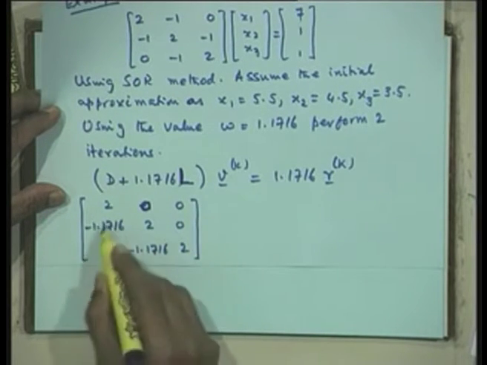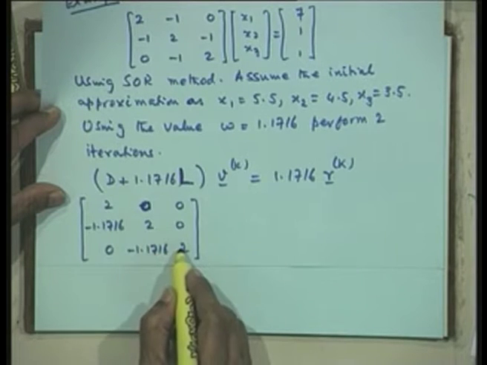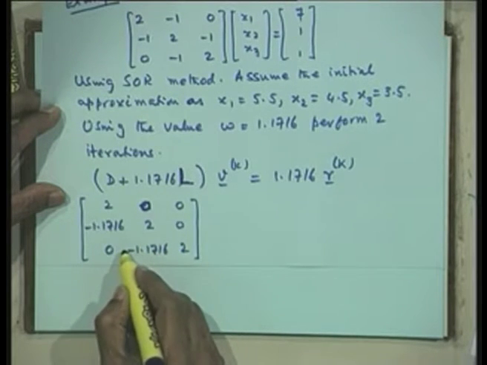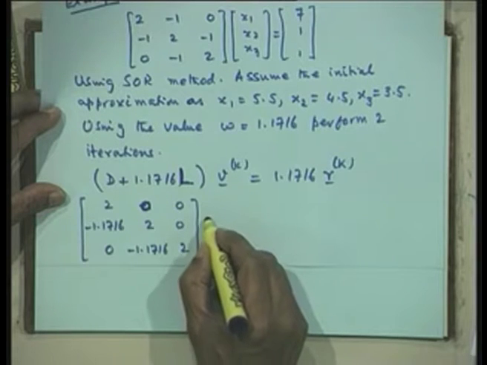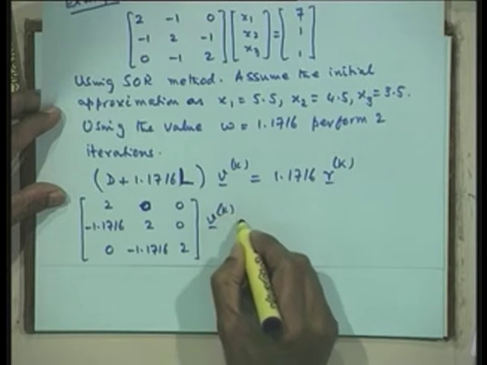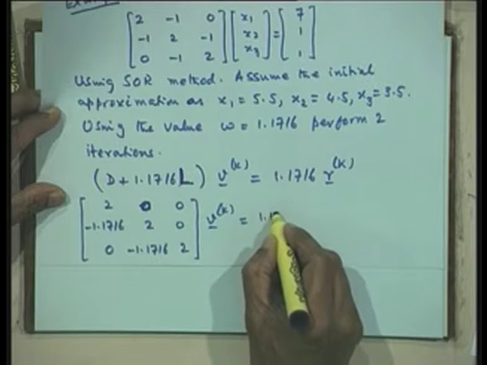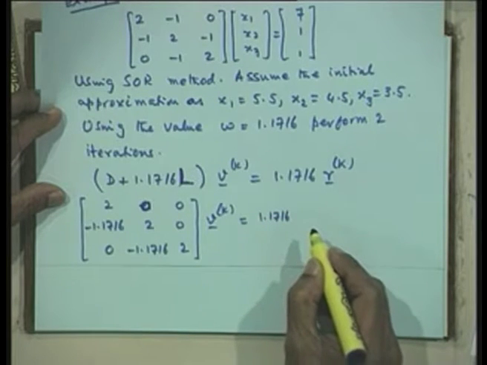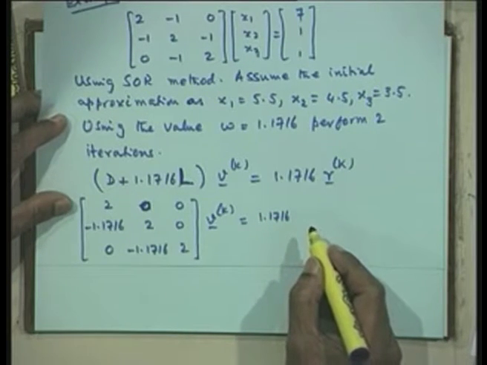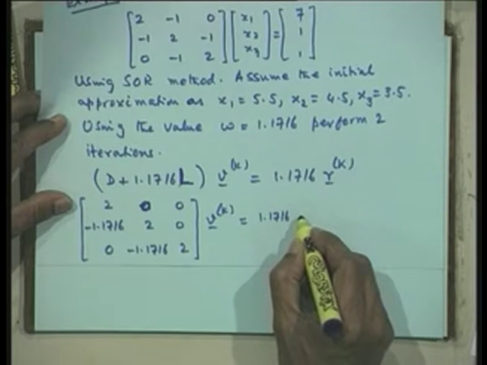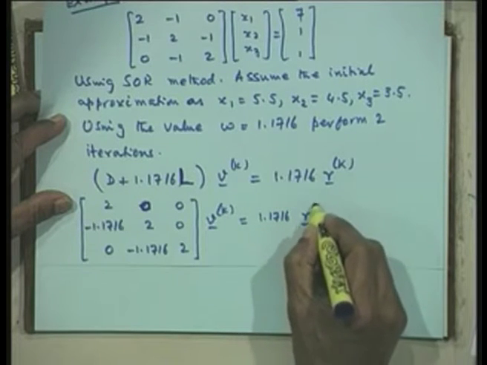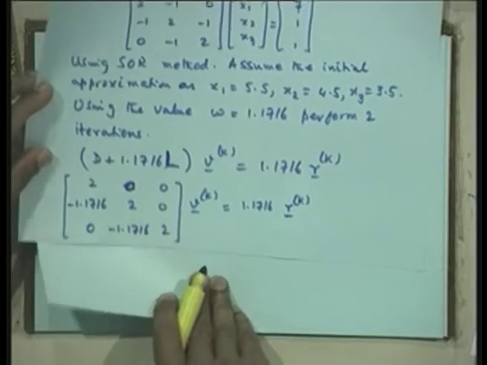This is our D plus omega times L: the diagonal part, plus omega into the lower triangular part. V k is equal to 1.1716 times R k. Let us write down what R k is in the next step.